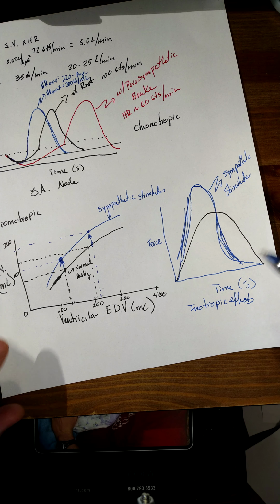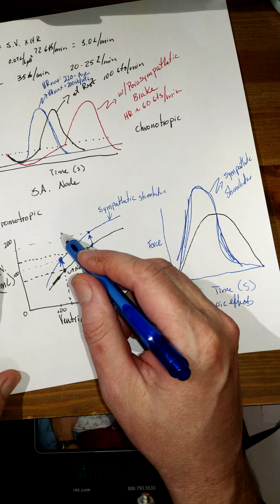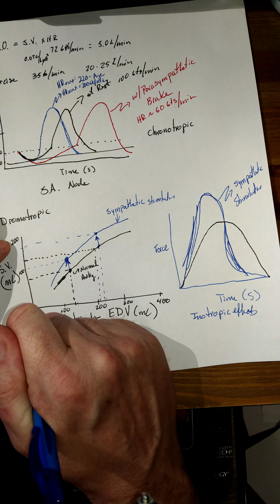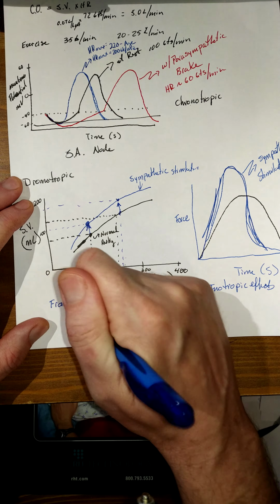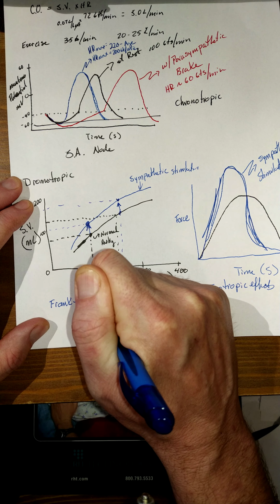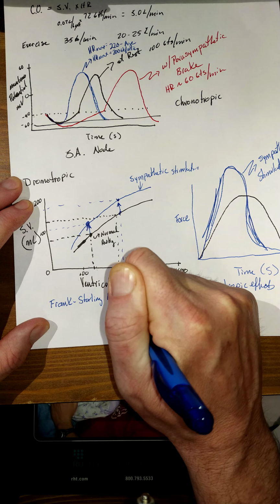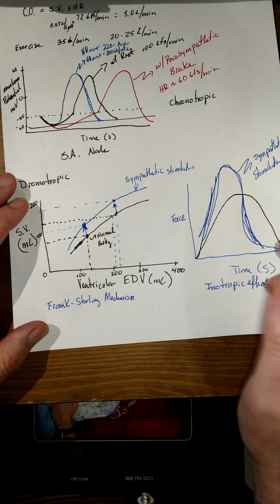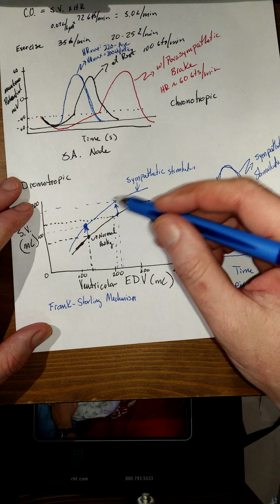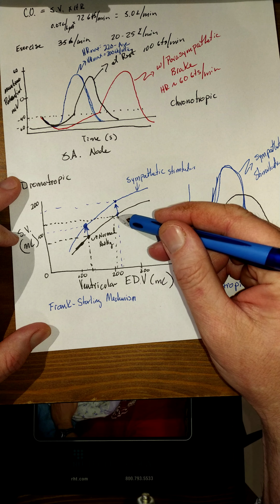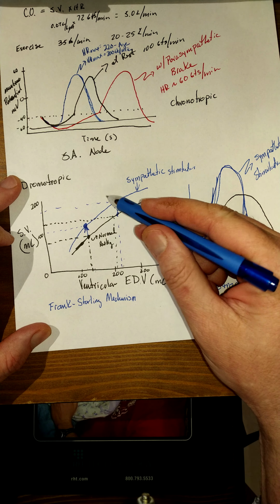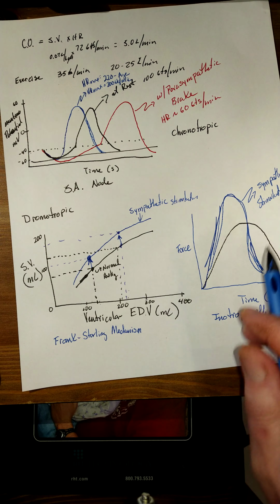And then this curve right here, this is called the Frank-Starling mechanism. And it's essentially just telling us that as we increase end diastolic volume, the myocyte stretches more towards an optimal length, and we increase stroke volume. That's essentially what it's telling us.